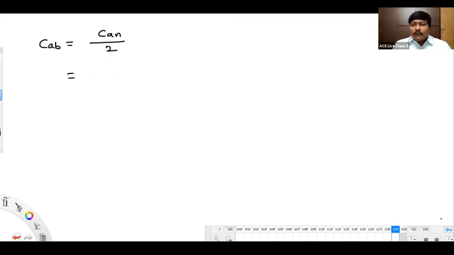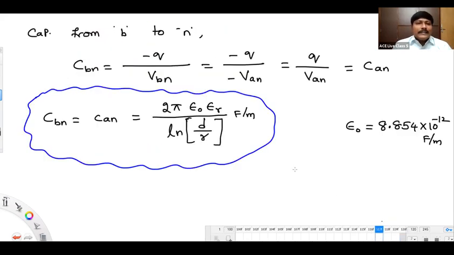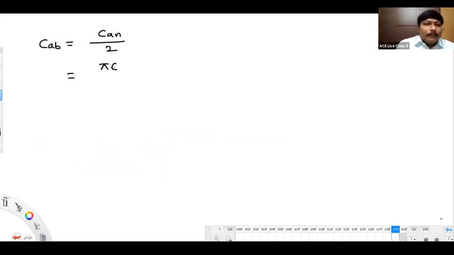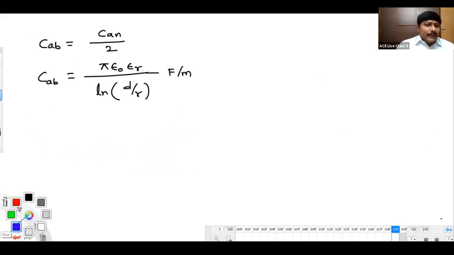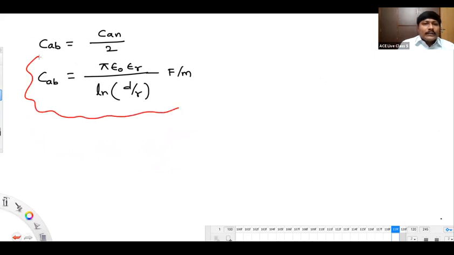CAN is 2 pi epsilon naught epsilon r by ln of d by r, and divided by 2 this gives pi epsilon naught epsilon r by natural logarithm d by r, in farad per meter. So the capacitance between the two conductors CAB is pi epsilon naught epsilon r by ln of d by r, in farad per meter.